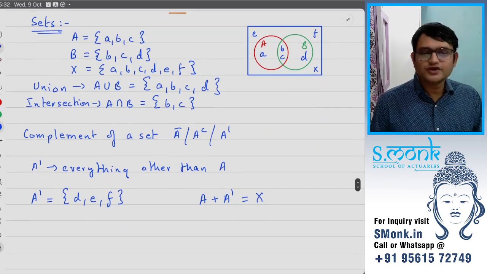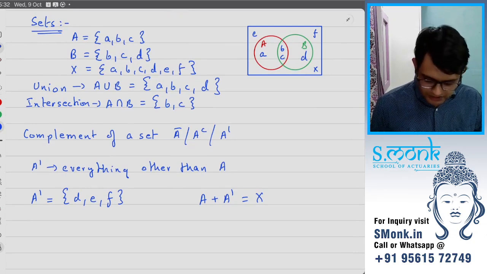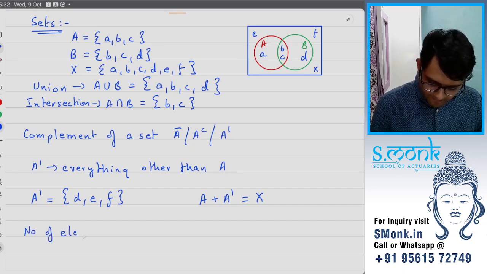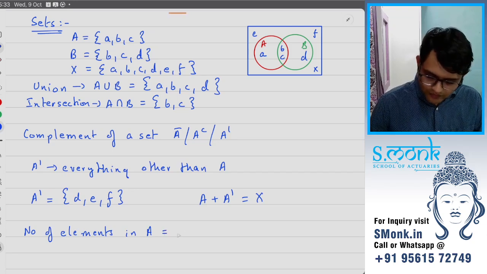Now we are usually not concerned with what the elements in a set are. What we find is the number of elements in a set. Let's say the number of elements in set A would be denoted as n(A).